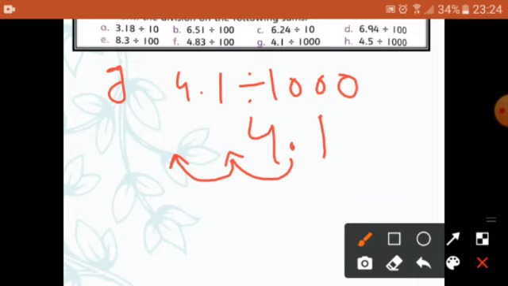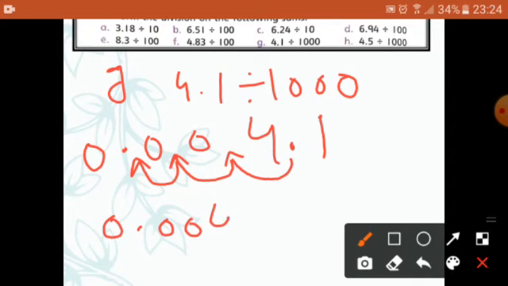So what should we do? Yes, we can enter 0 here. Another place, because 3 places we have to move, another 0, and then here is the decimal point. So what it becomes? 0.0041.